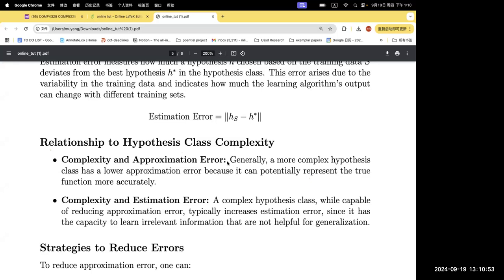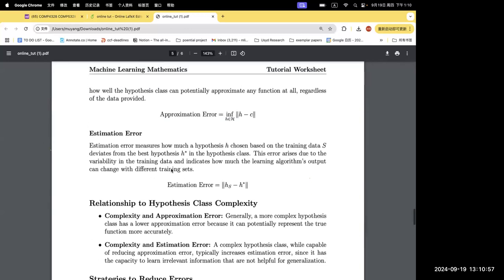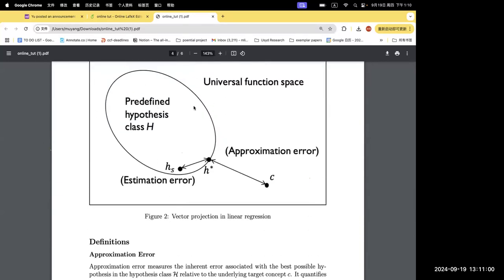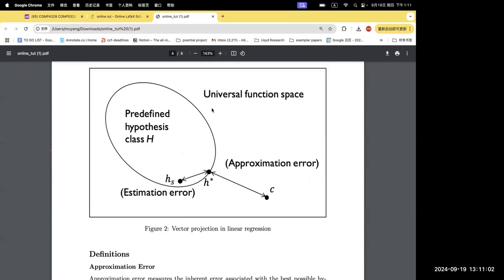The reason is that if we have a very complex hypothesis class, which means this H here could be larger, like in this universal function space, there is a larger probability that it will cover the target concept, or it can generate a hypothesis that is much closer to the target concept, right?